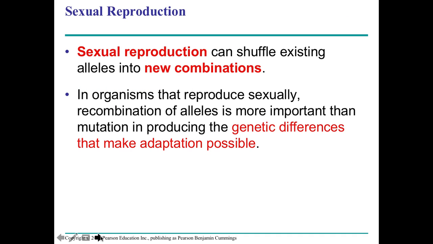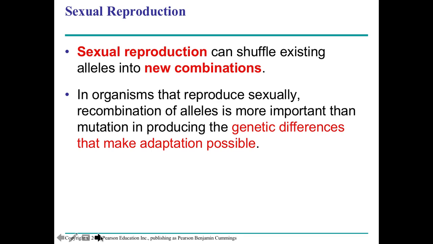Sexual reproduction is another thing that affects evolution and change in a species. We all know what sexual reproduction is: making new organisms involving two organisms, a sperm and an egg. Sexual reproduction can shuffle existing alleles into new combinations.